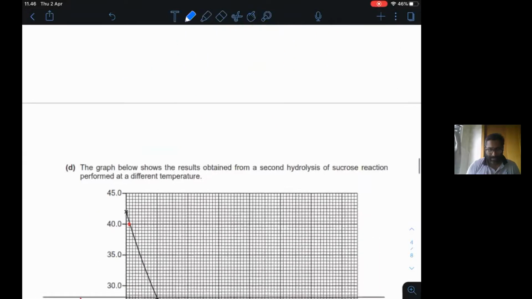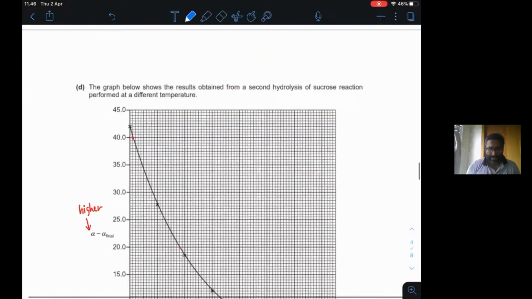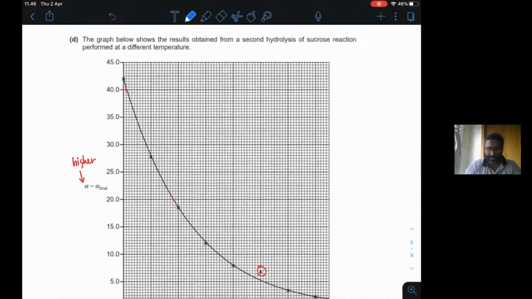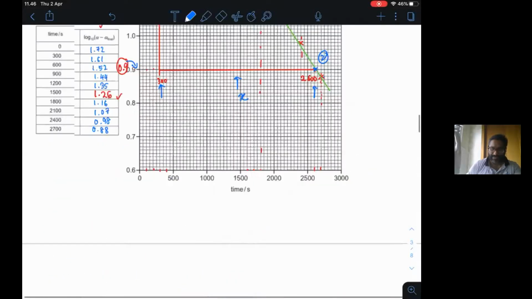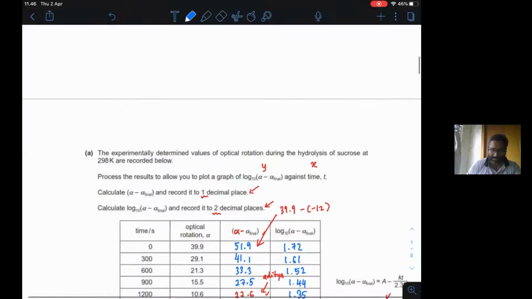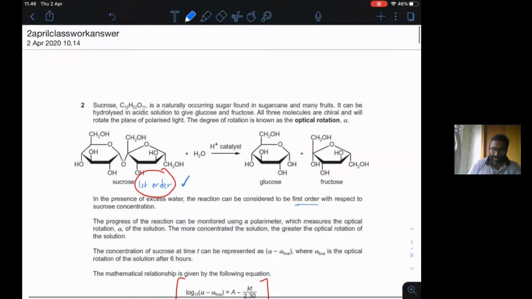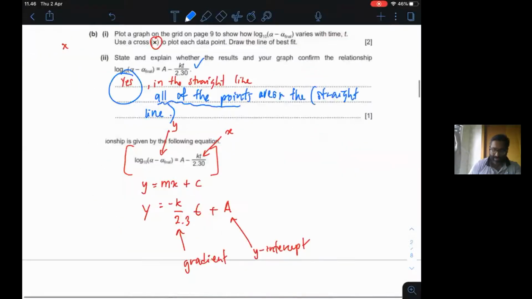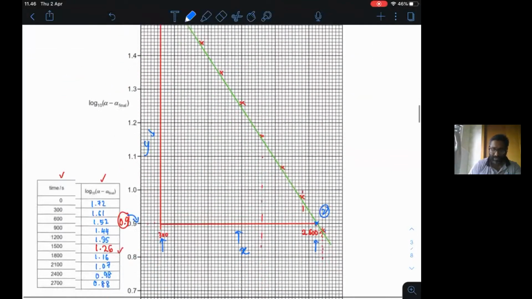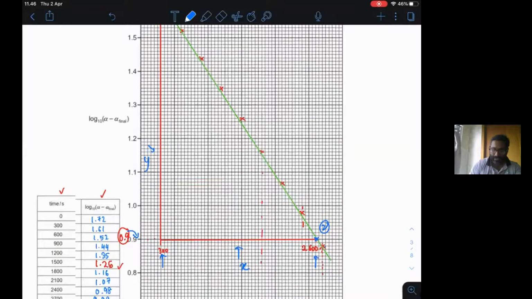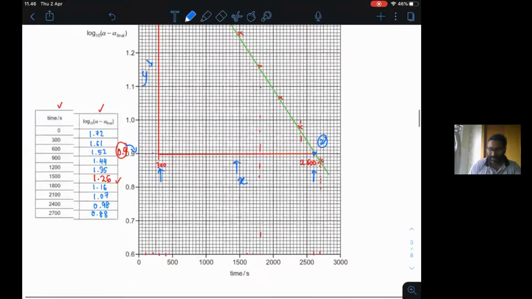Now, the next question: the graph below shows the results obtained from the hydrolysis of sucrose reaction performed at different temperatures. So they still do the hydrolysis. Just now, if you refer to the question, they say it's a first order reaction. It's still a first order reaction, but the earlier graph was something like a log of something over time.